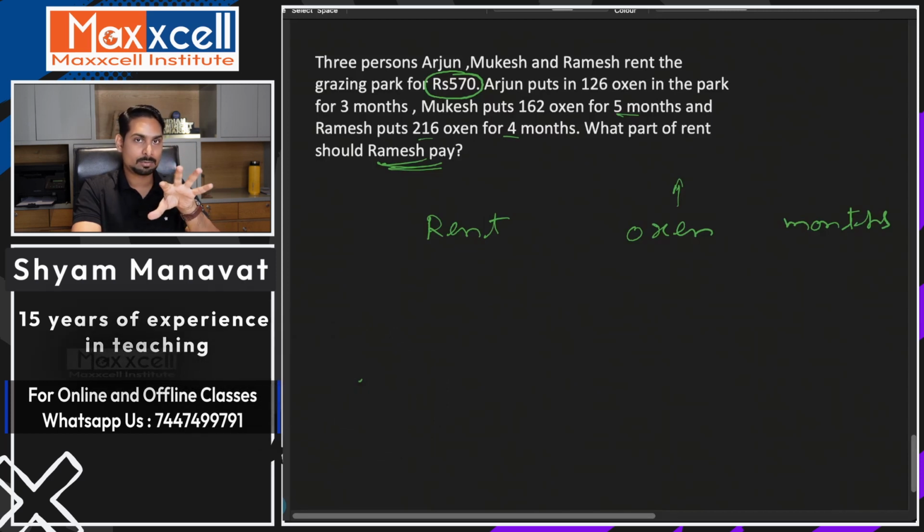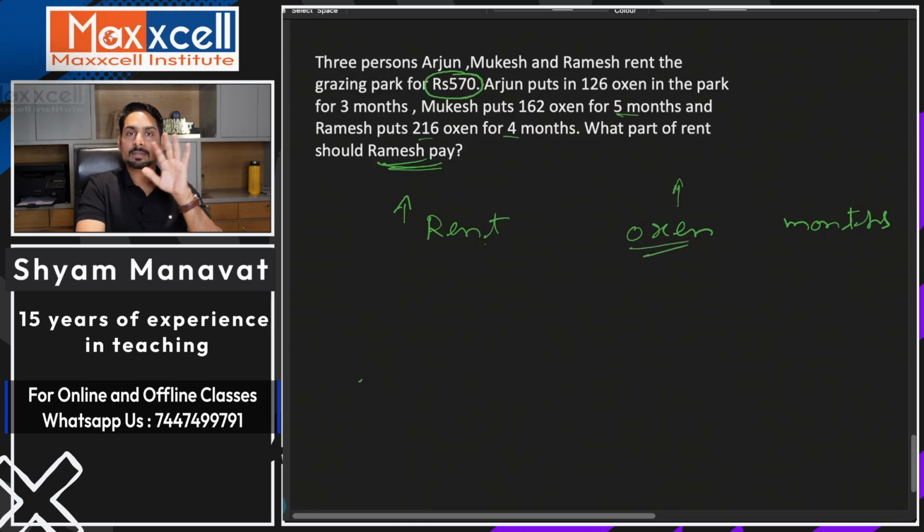The one having more oxen, will that person be paying more rent? Yes, because you got more oxen, more mammals grazing in the grazing park, so you have to share more rent, a higher portion of rent. Alright, so rent and oxen are directly proportional.